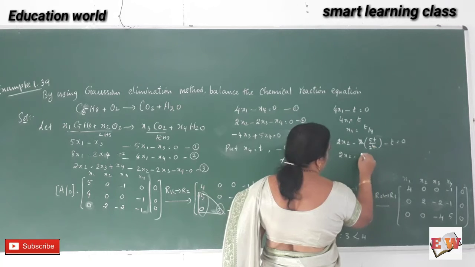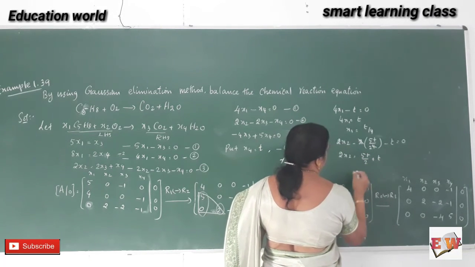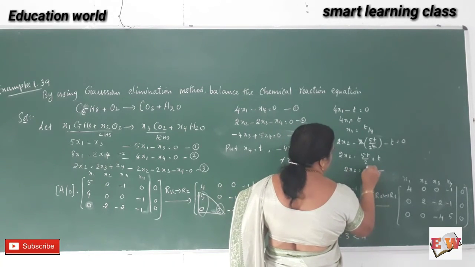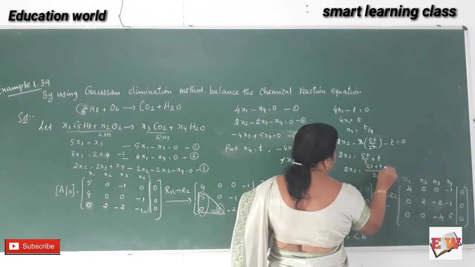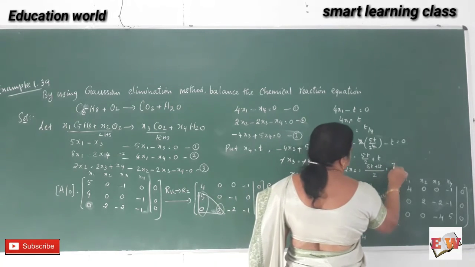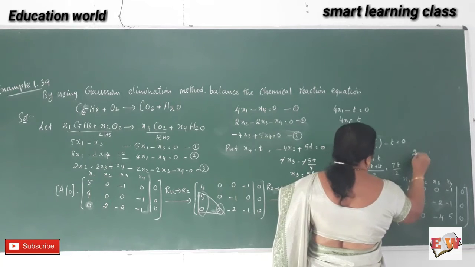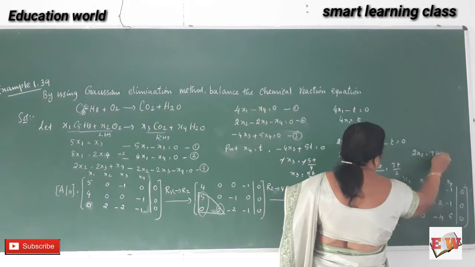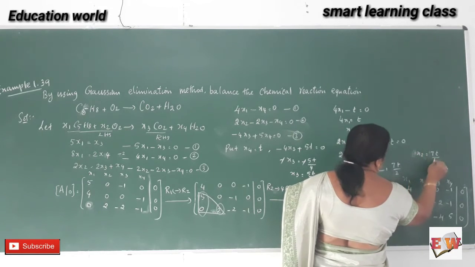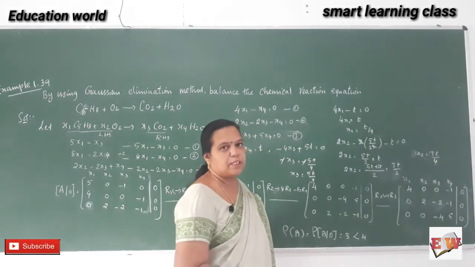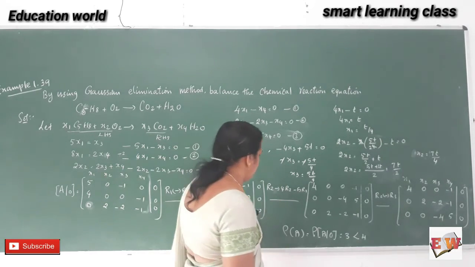Before that you just reduce this: 5t by 2 plus t. 2x2, just take the LCM, 7t by 2. 2x2 is equal to 7t by 4. So x2 is equal to 7t by 4.